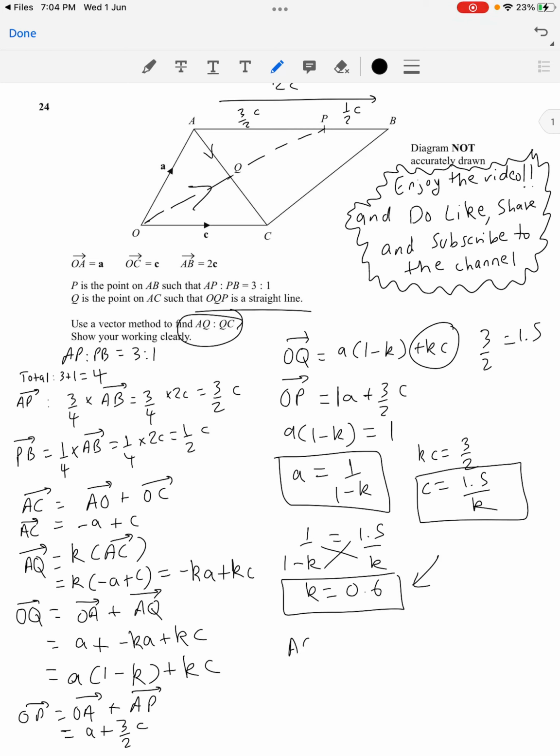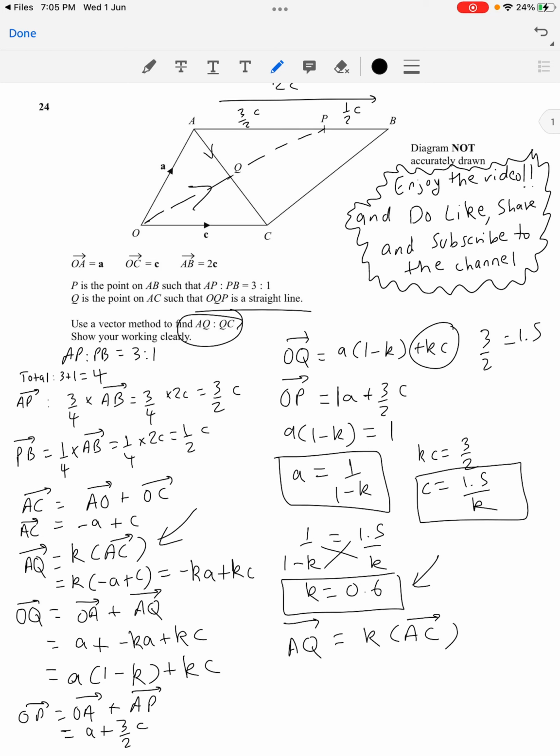We know that AQ is K of AC, right? AQ is K, some factor of AC. That's from this place. So we know indirectly that K is 3 by 5.